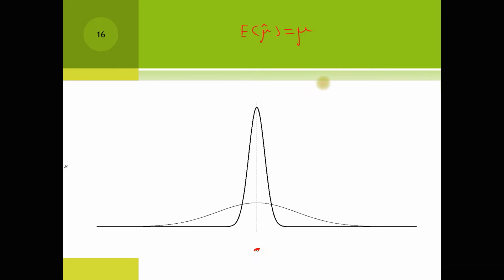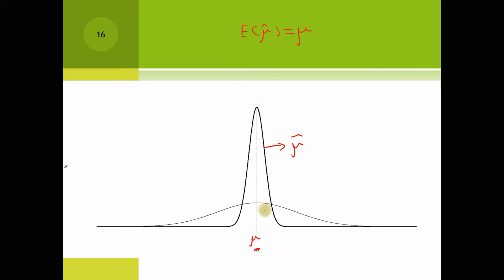So if we are taking a certain point estimator mu cap, and from mu cap you get mu, using that point estimator, then let's suppose this is mu cap.